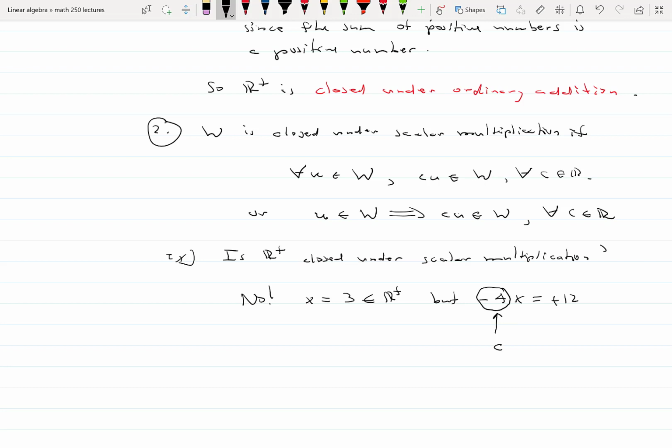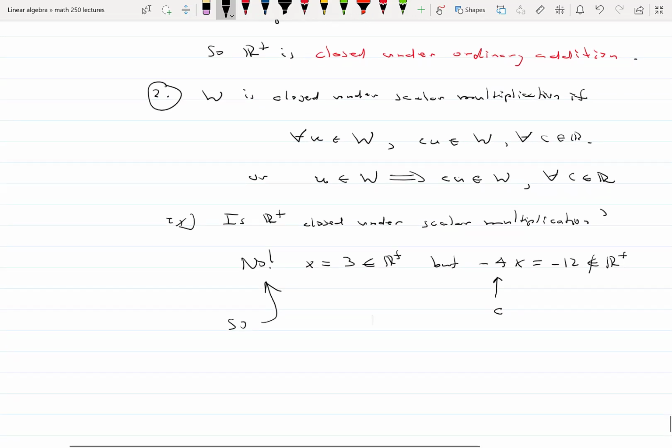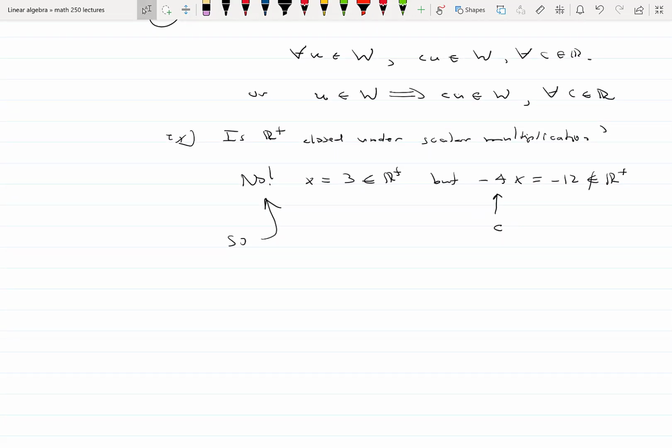Oops, sorry, it's not positive 12. x equals 3 is in there, and negative 4x is negative 12, and that's not in there. So, no. The set of positive numbers is not closed under scalar multiplication. You can get out of that set by multiplying an element of that set by a negative number. You get right out.